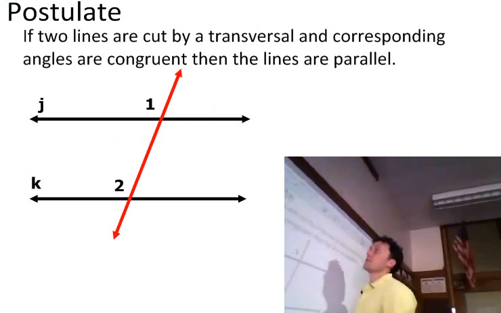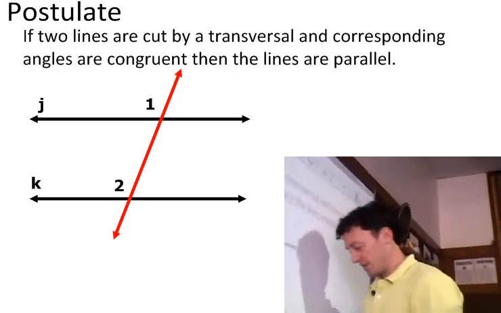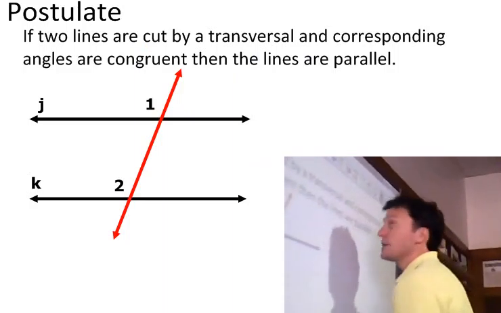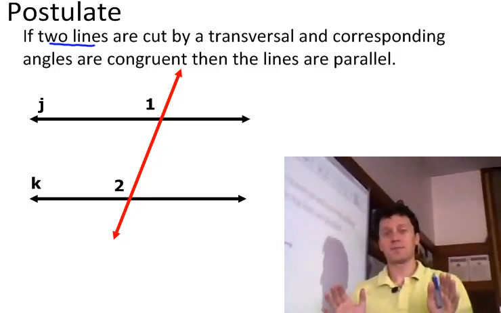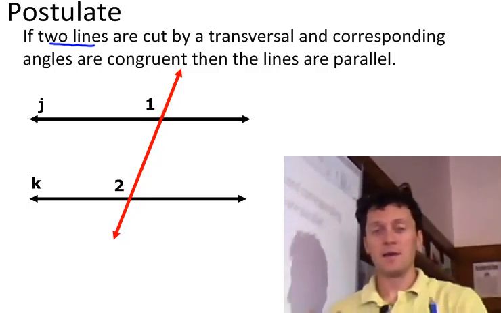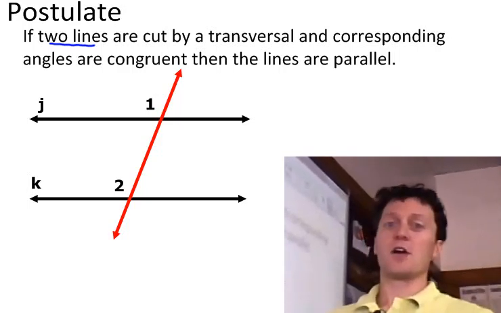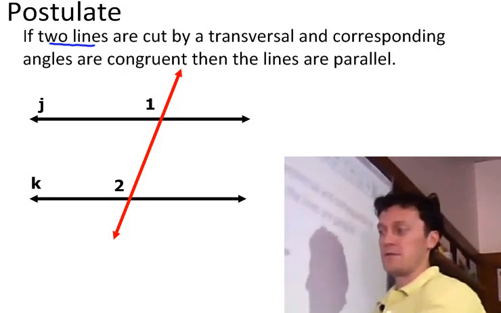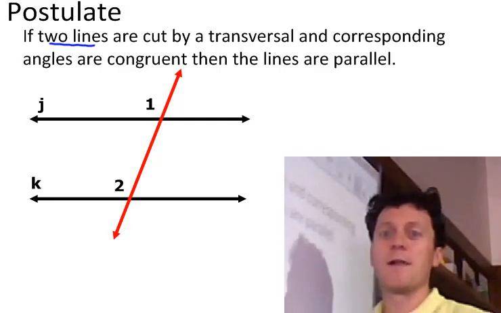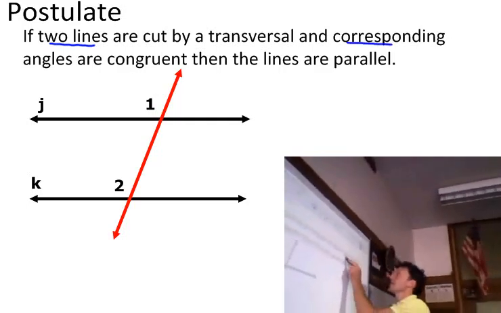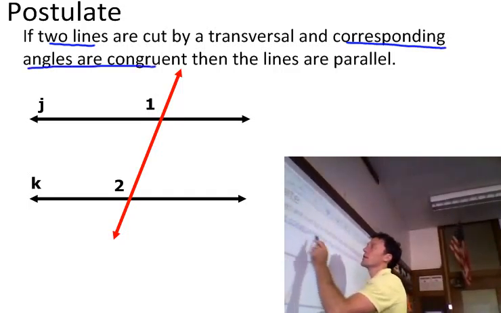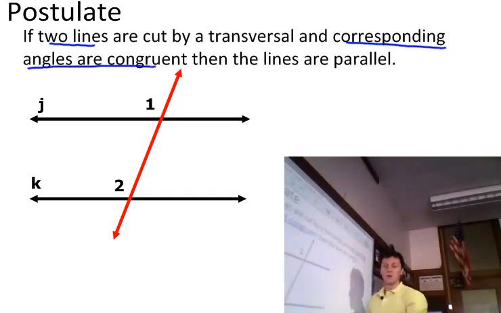So for example, the postulate that we start out with says that if any two lines, they're not parallel yet, are cut by a transversal, and corresponding angles are congruent, then we can conclude that the lines are parallel.